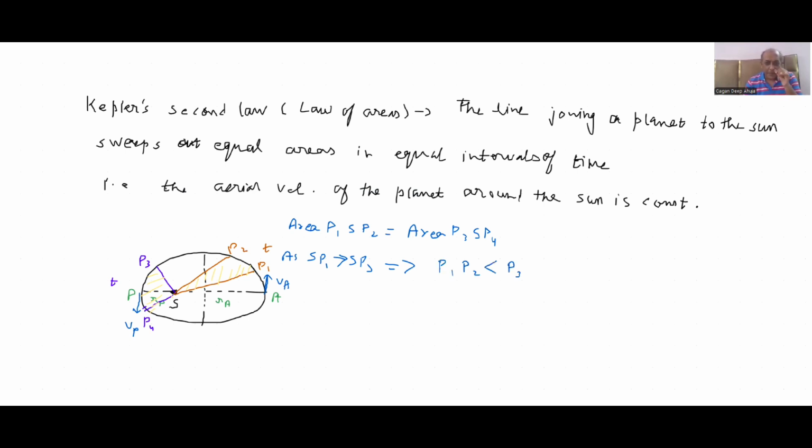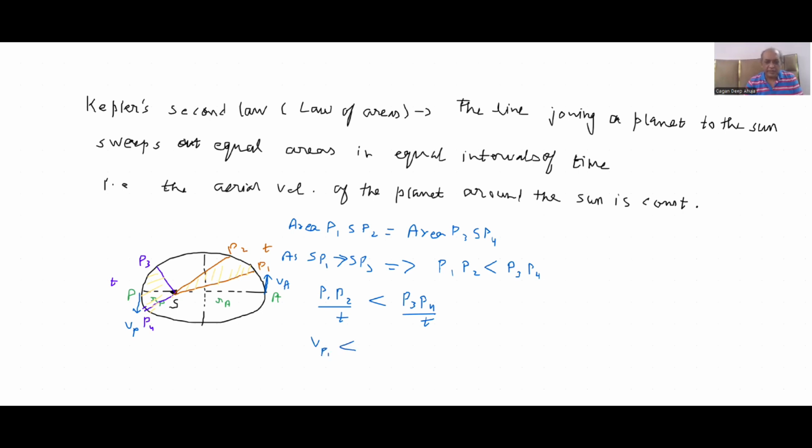Or you can say that if I divide both these by t, P1P2 divided by t will be less than P3P4 divided by t. So what is P1P2 by t? P1P2 by t represents the linear speed of the planet at position P1, and P3P4 by t represents the linear speed of the planet at position P3.